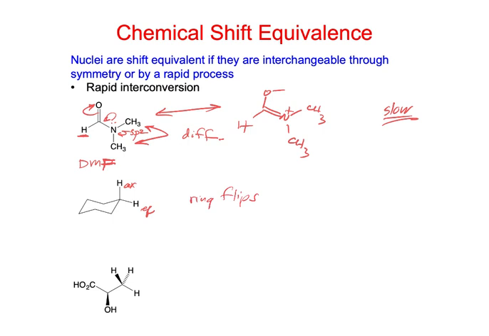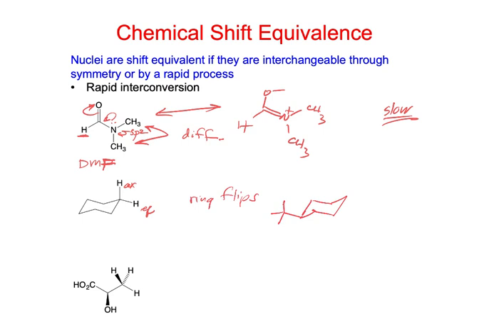So for cyclohexane itself, you would just have a single proton signal. However, if we put some large group on here, so slower probably, or you really favored one chair conformation versus the other, the classic is to put some tert-butyl group on here or something.